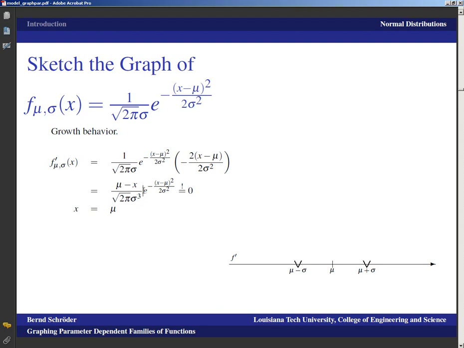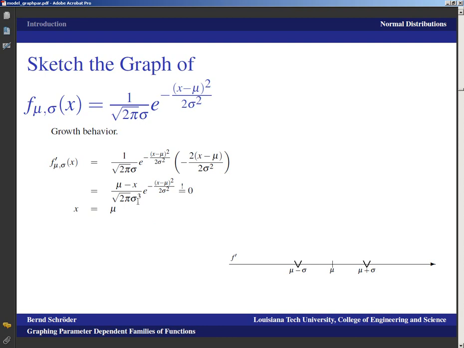So let's first realize that the exponential, which of course is rather ugly, is always positive, and so we don't have to worry about it for the sign discussion. Similarly, the denominator here is also always positive. One thing that I should have said is sigma is always supposed to be a positive real number.